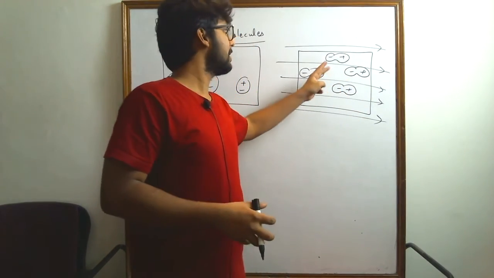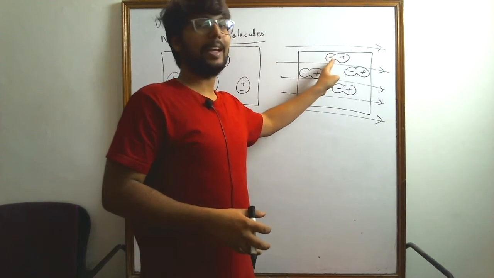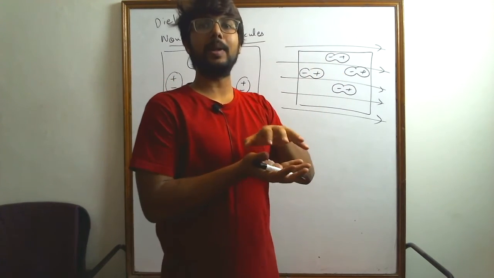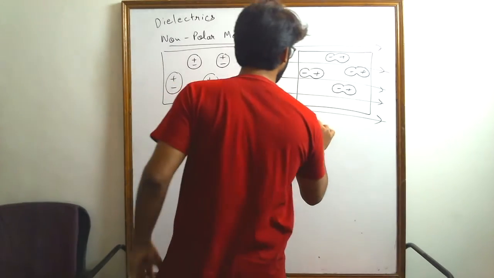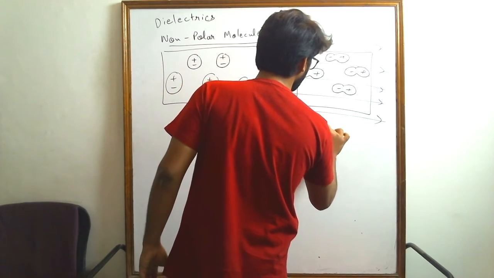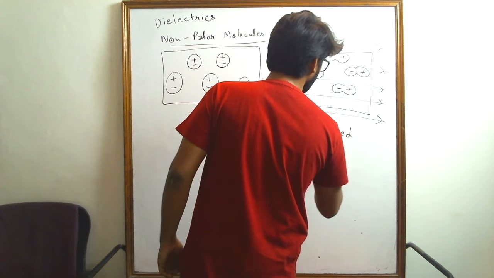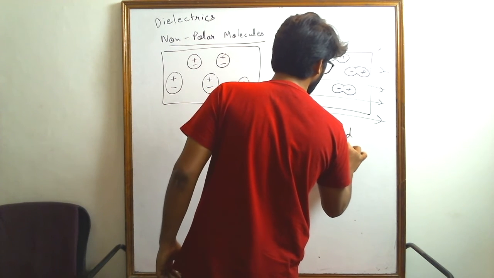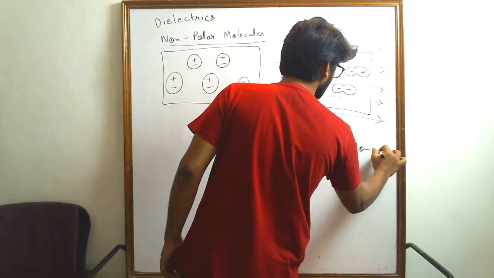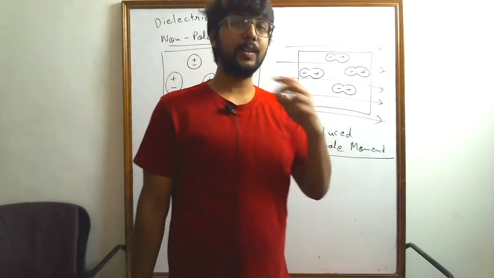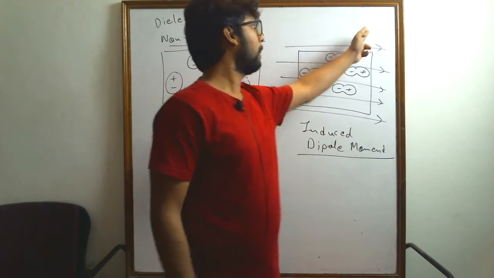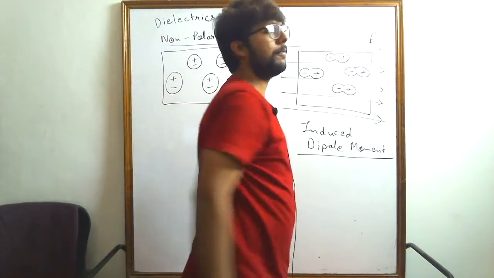When it elongates, the centers of positive and negative charges are not overlapping. When they are not overlapping, it gets an induced dipole moment. Induced by what? By the external electric field.